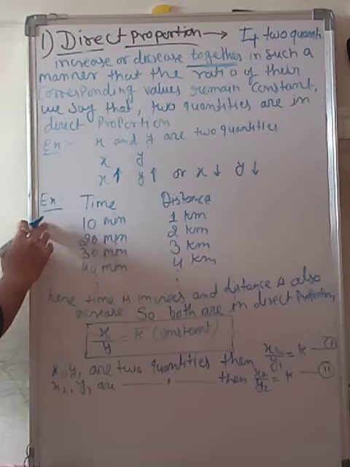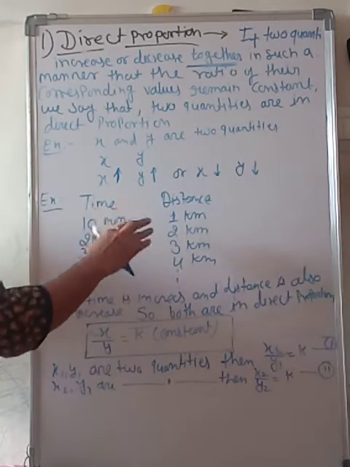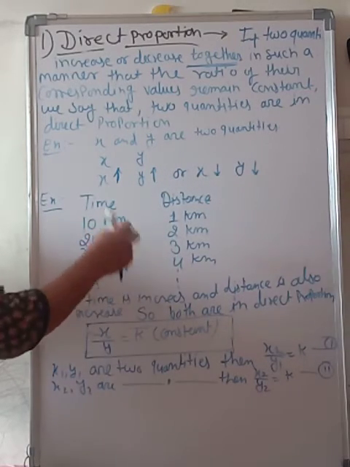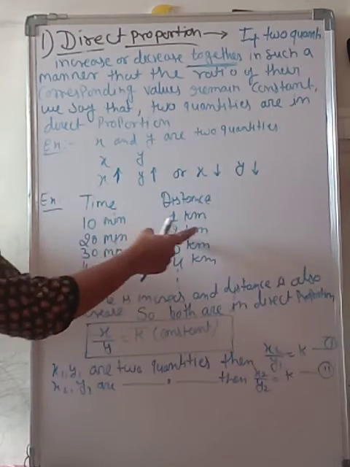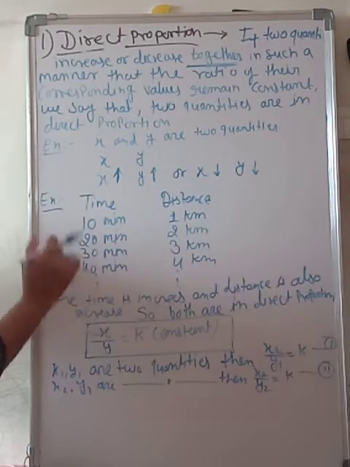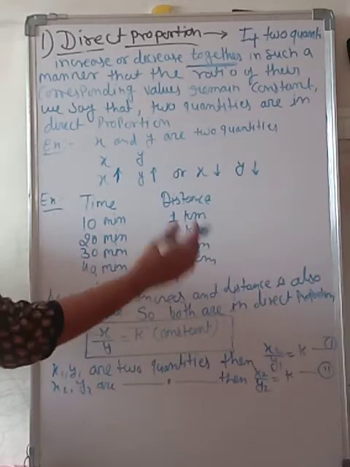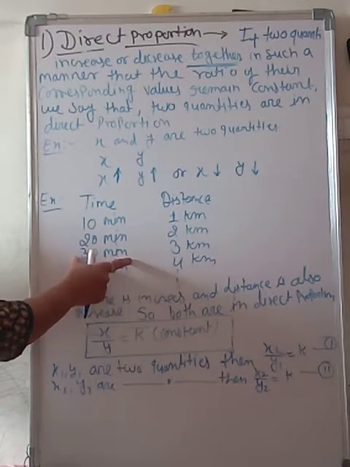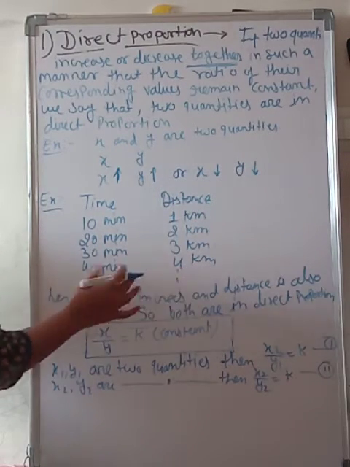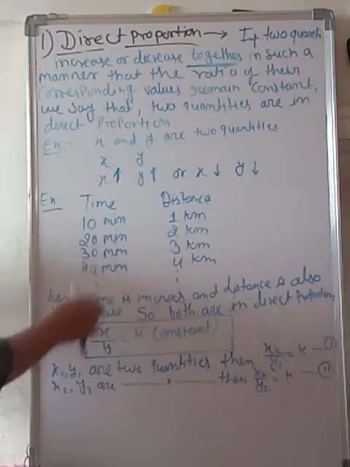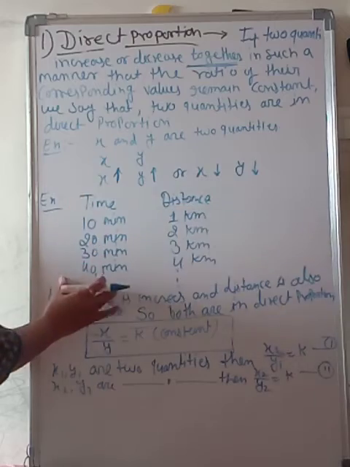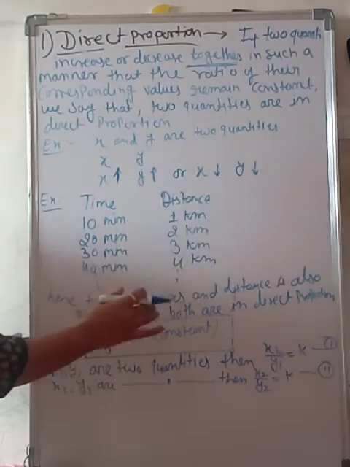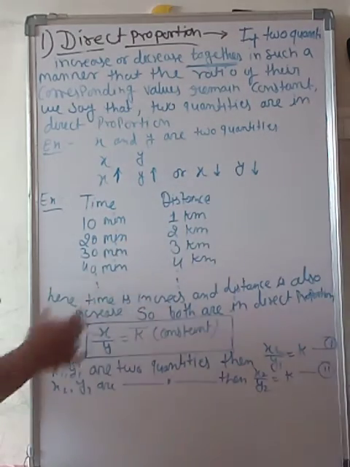Now here is an example: a train covers a distance of 1 kilometer in 10 minutes, 2 kilometers in 20 minutes, 3 kilometers in 30 minutes, 4 kilometers in 40 minutes. Here we are given the distance and the time covered by a train or a car.